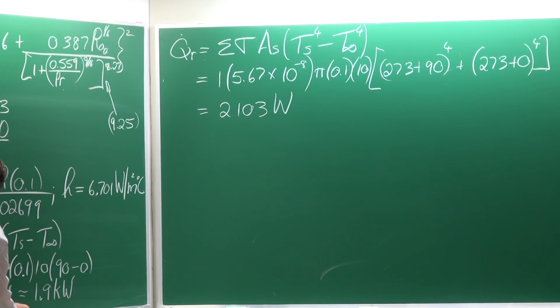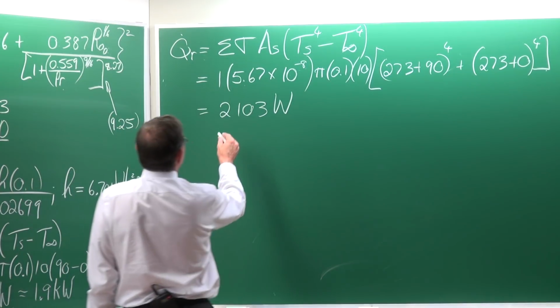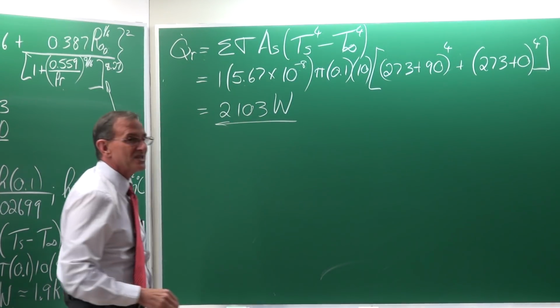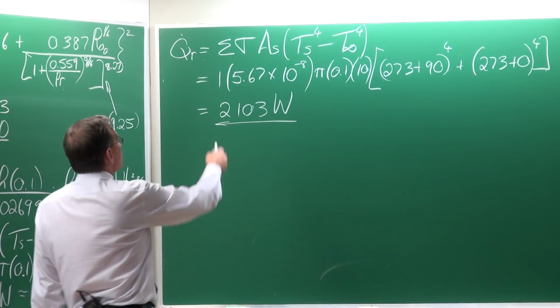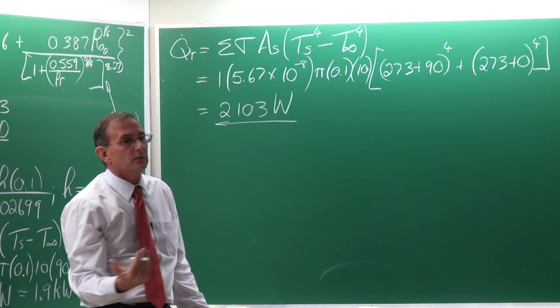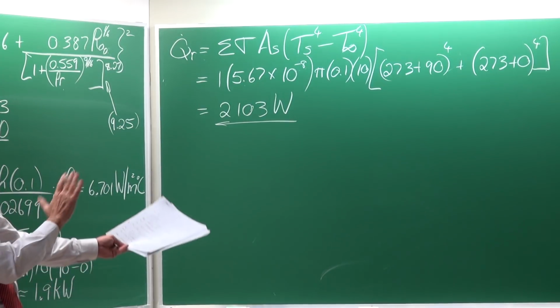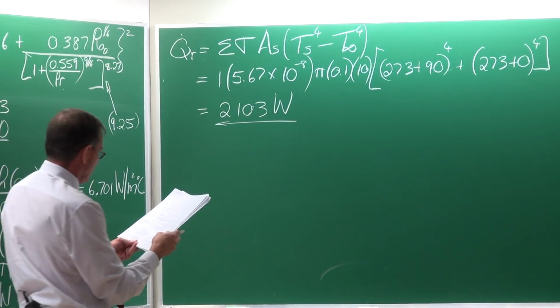So if we compare it to the convection heat transfer, the radiation heat transfer is about the same order of magnitude. The emissivity, of course, would not be equal to 1. It would be a little bit smaller than 1. But we can see we are talking of about the same heat transfer rate.